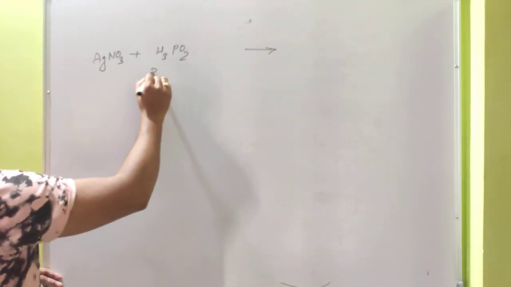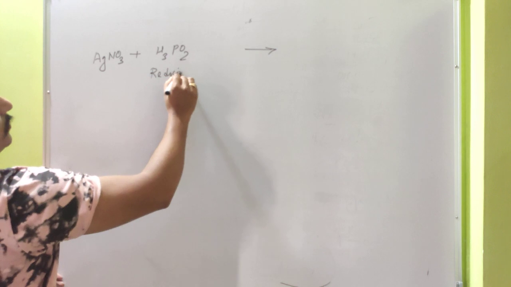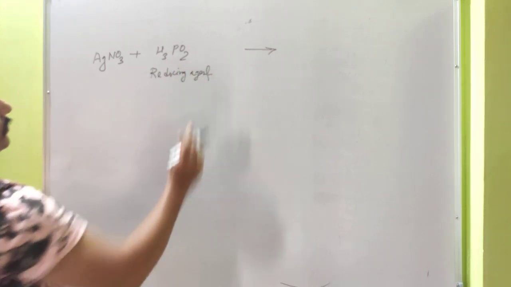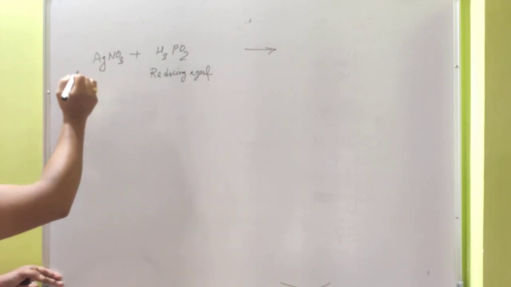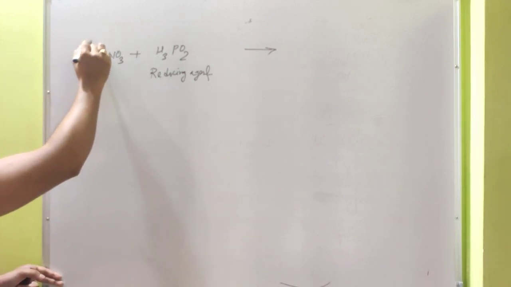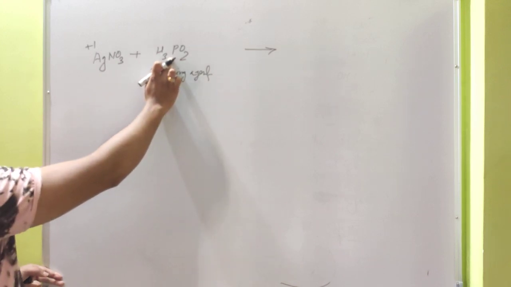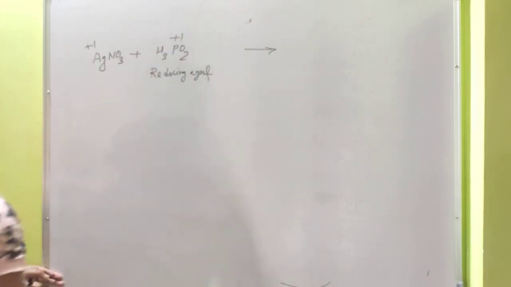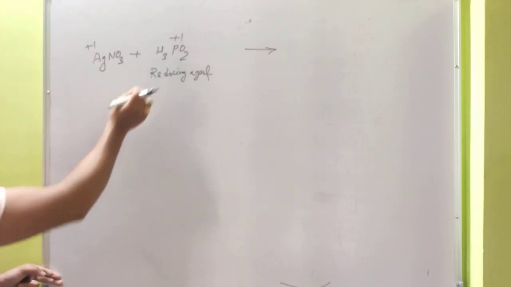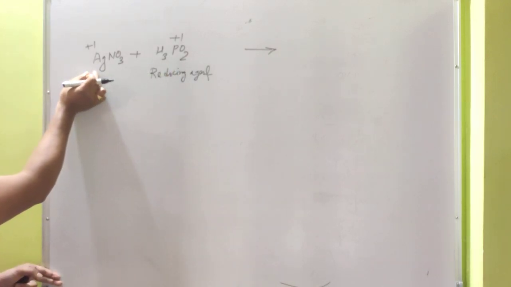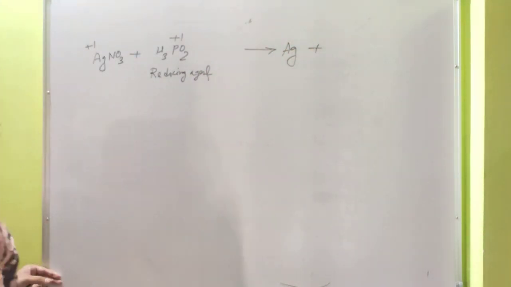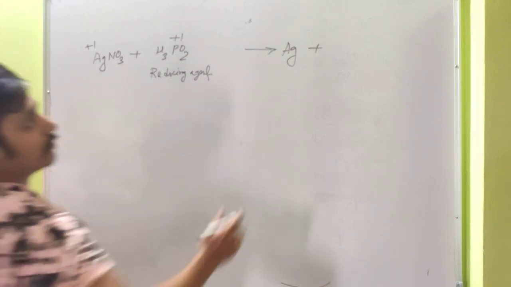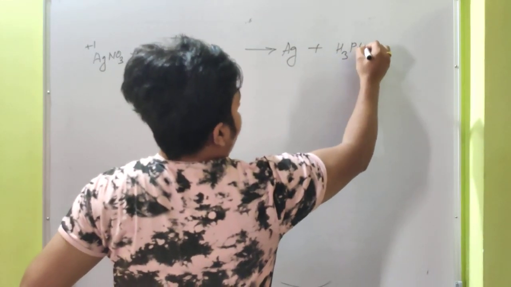It is a reducing agent, it reduces silver. Here the oxidation state of silver is +1 and the oxidation state of phosphorus is also +1. As it is a reducing agent, it reduces silver +1 to silver, and itself gets oxidized to H3PO4.